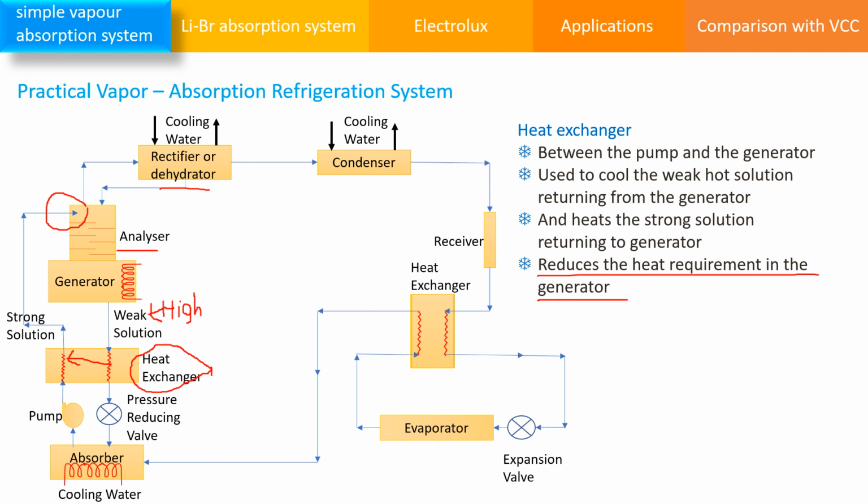So this concludes this session and we will see the lithium bromide absorption system and Electrolux, which are variations of the vapor absorption system, in the next session. We will simultaneously see the applications of the vapor absorption system and compare it with the standard or more commonly used vapor compression system.